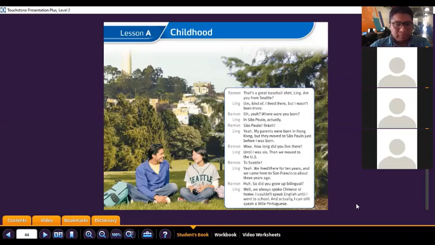Until I was 6, then we moved to the US. To Seattle? Yeah, we lived there for 10 years, and we came here to San Francisco about 3 years ago. Oh, so did you grow up bilingual? Well, we always spoke Chinese at home. I couldn't speak English until I went to school, and actually I can still speak a little Portuguese.